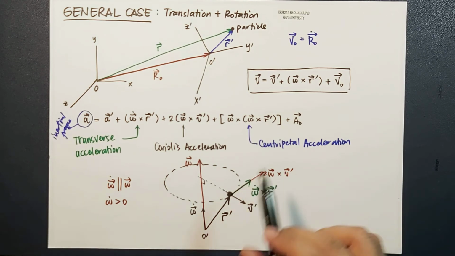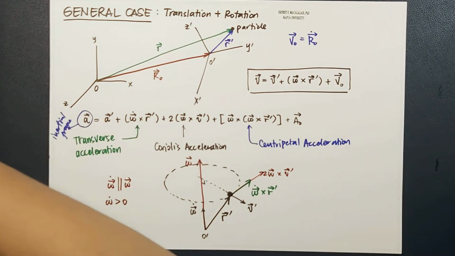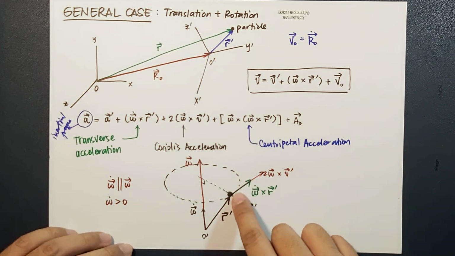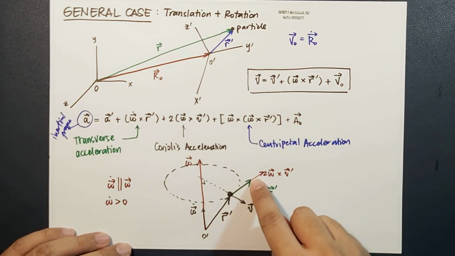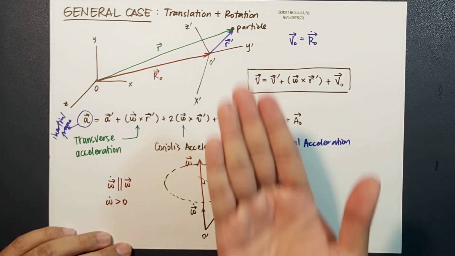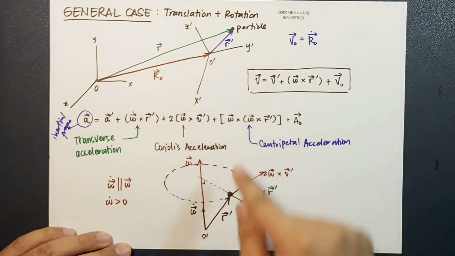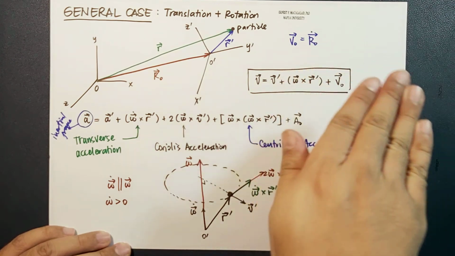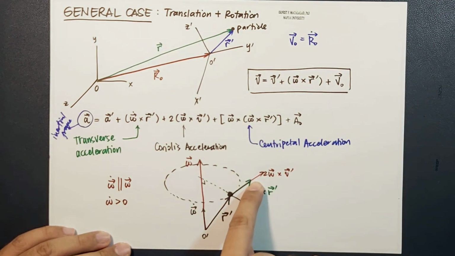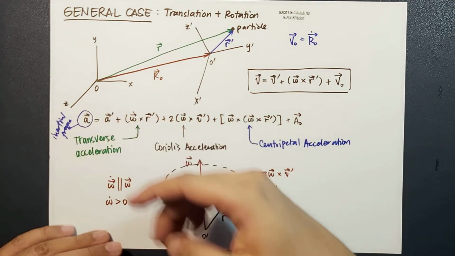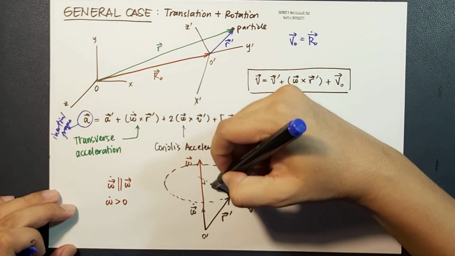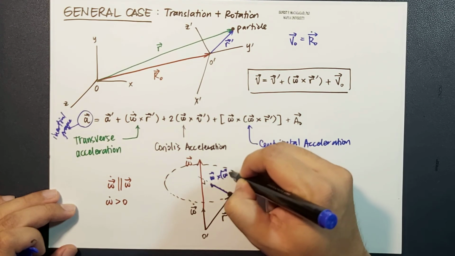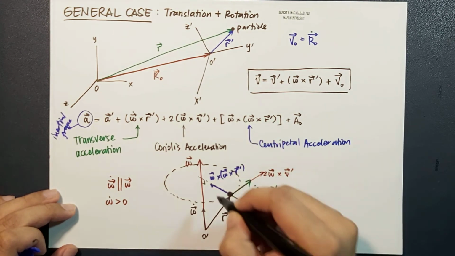And then lastly, your centripetal acceleration. Omega cross r prime would be in this direction, so therefore omega cross omega cross r prime is in this direction, which is what we expect for a centripetal acceleration.